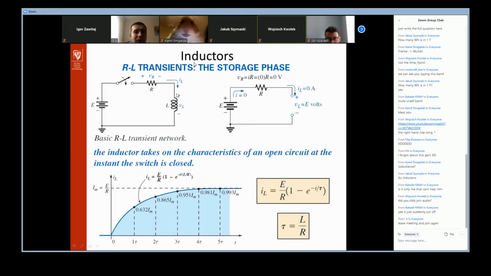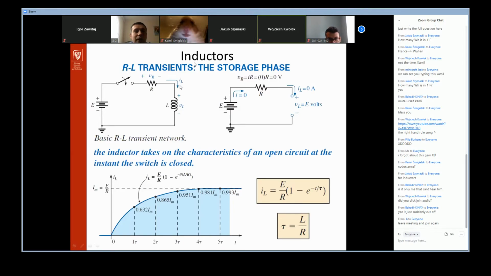Great. So if it's true, that means at the first moment the potential of this point will be the same as E, which means at the first moment we have zero current flowing through the coil due to the choke effect. What happens next?